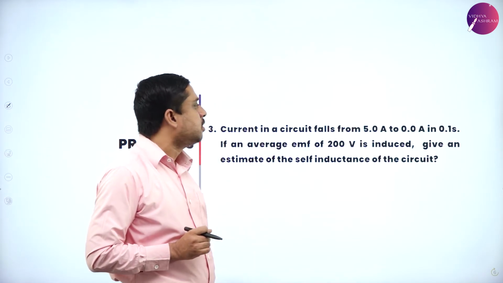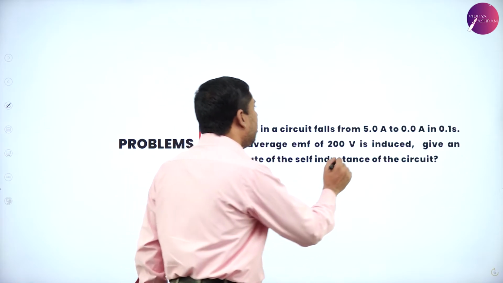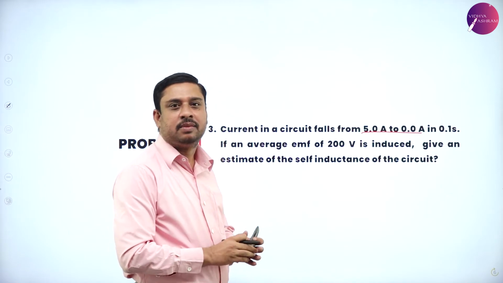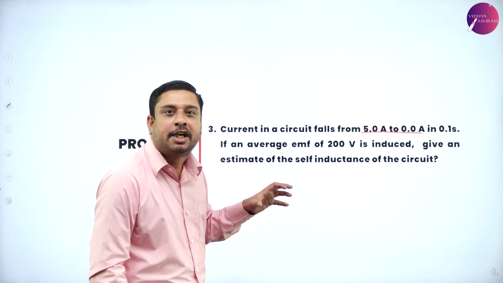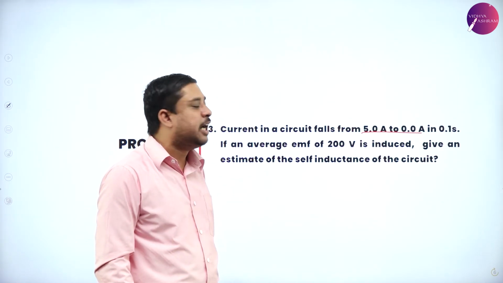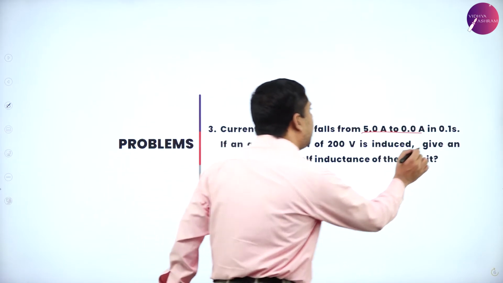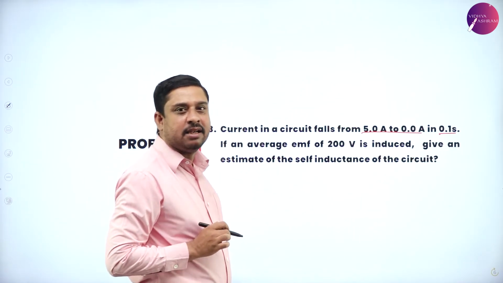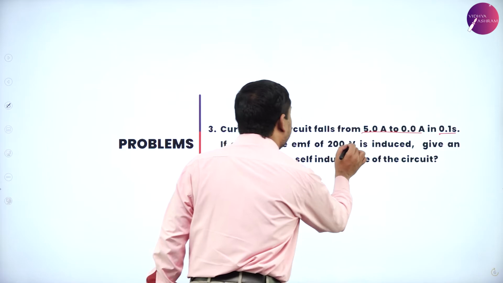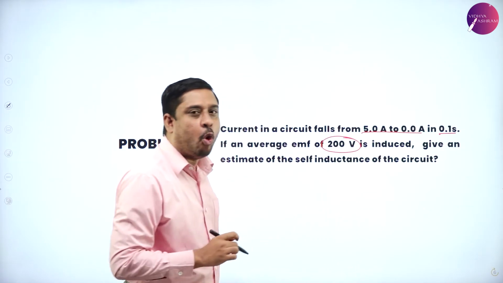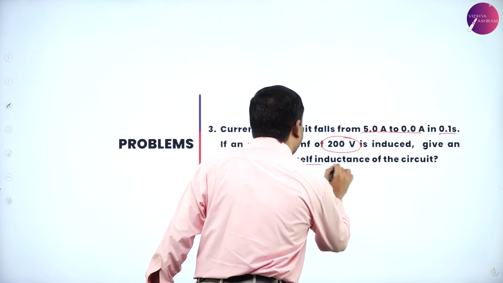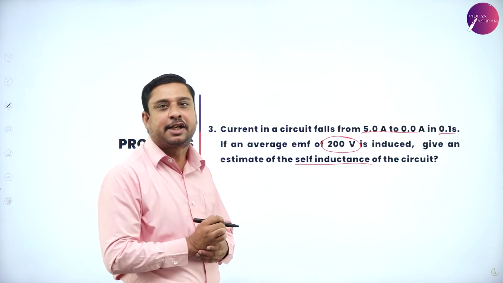current in a circuit falls from 5 ampere to 0 ampere. Current flowing in a circuit reduces from 5 ampere to 0 ampere in 0.1 second. If an average EMF of 200 volts is induced, what is the self-inductance of the circuit?